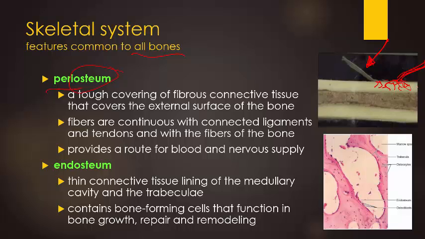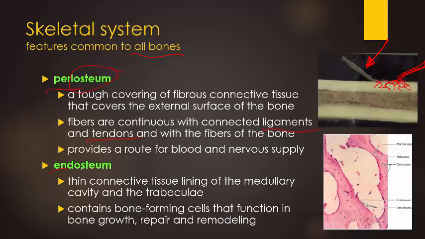The periosteum surrounds and covers the bone and provides a good strong connection for any ligaments and tendons that need to connect to the bone. It also provides a route for blood vessels and nerves to get to the bone before it branches, so that it enters the bone and then branches out.